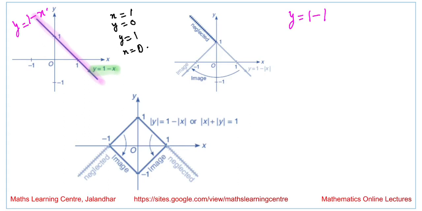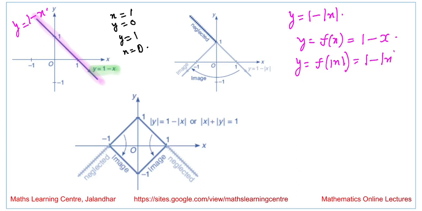Next thing we have to do is plot the equation y is equal to 1 minus mod of x. The function we have is y is equal to f of x is equal to 1 minus x. Now we are plotting the function y is equal to f of mod x, that is equal to 1 minus mod of x. To plot this, we have to neglect the portion of the graph which is negative.